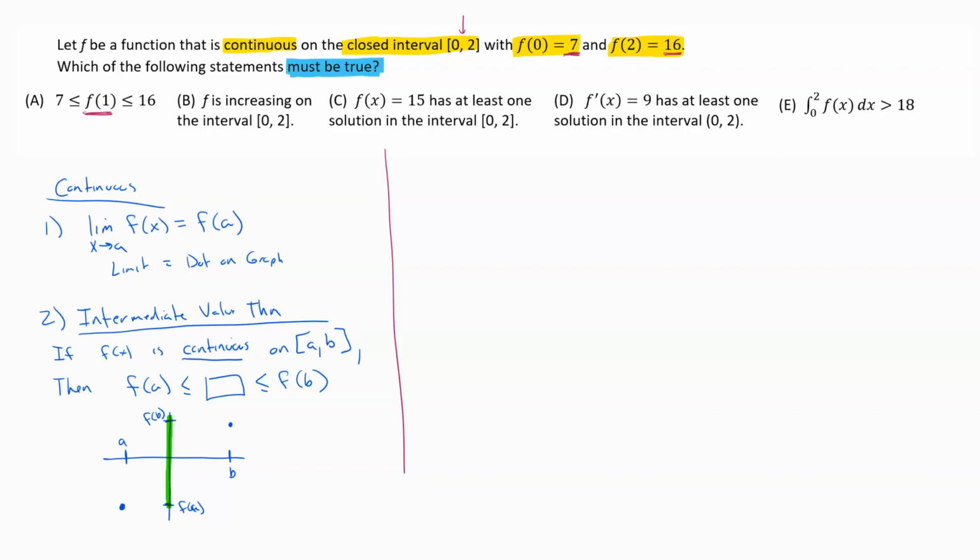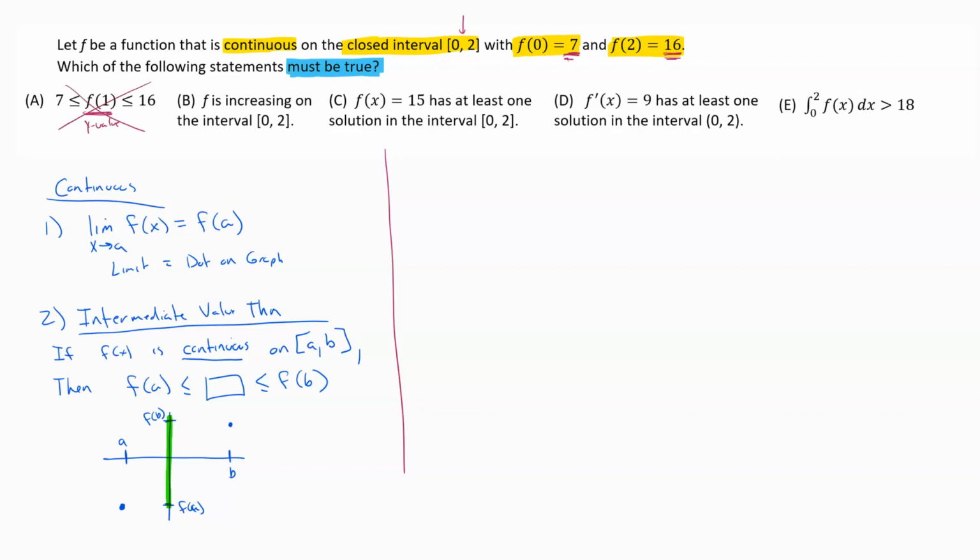Absolutely. Are we 100% guaranteed that that value has to be there? No. Any number of things could happen between this y value of 7 and this y value of 16. Your graph could go past it, below it, all over the place. And so you are not guaranteed that that y value right here has to live between the two y values that we know about.